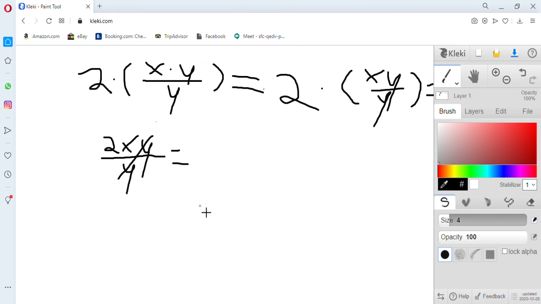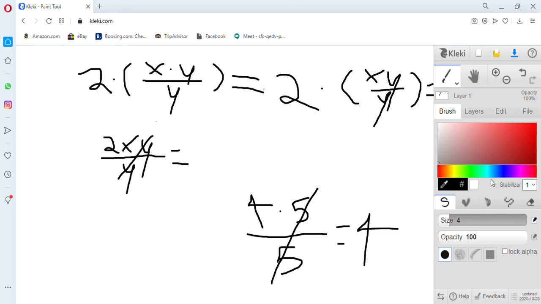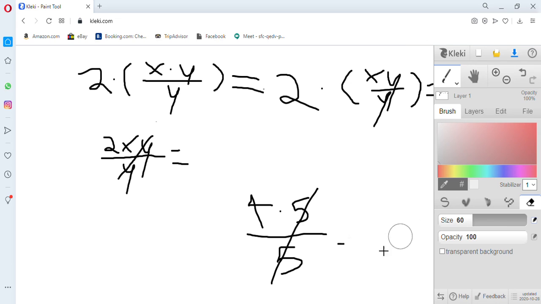Like if you have 4 times 5 over 5, you have a 5 right here and a 5 right here, you cross that out. Well, 4 times 5 is 20, but still, this can help. You have 2 5s right here, cross them out, so the answer will be 4. Let's erase that.